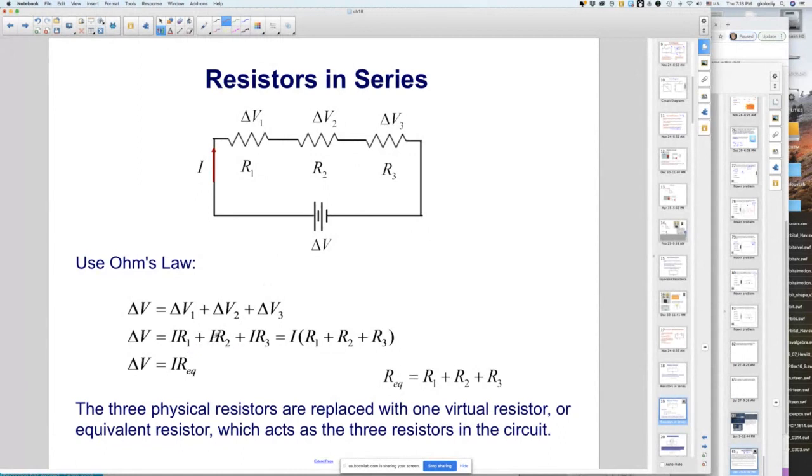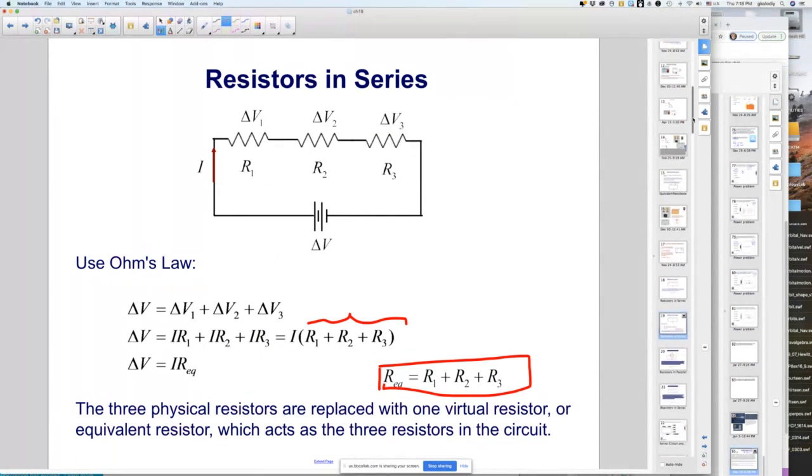All of these have I in common. I can factor out the I, and therefore the total resistance is just the sum of all the resistors, the equivalent resistance. Very simple. If resistors are in series, then the equivalent resistance is the sum of all the resistances.